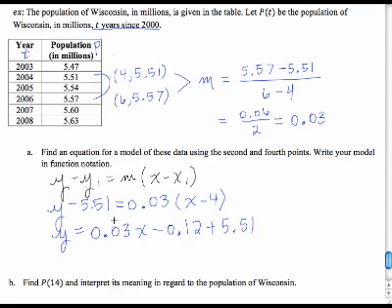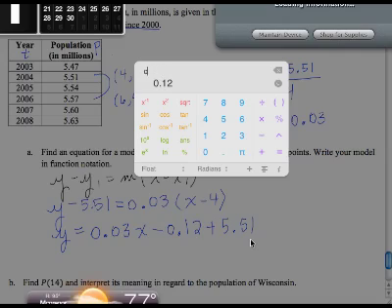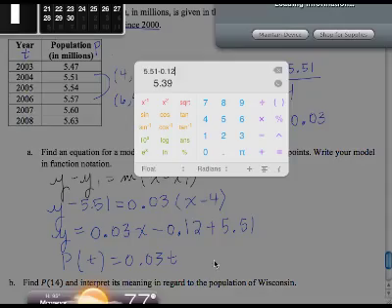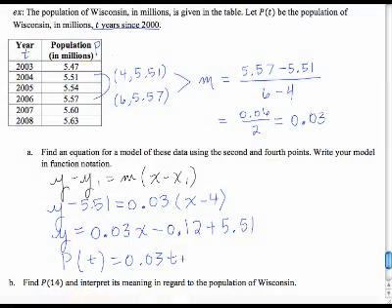So we need to combine these two numbers. 5.51 minus 0.12 is 5.39. So the model is, actually let's not use y's, let's switch over. It would be P of t equals 0.03 times t plus 5.39. That is a model in function notation.